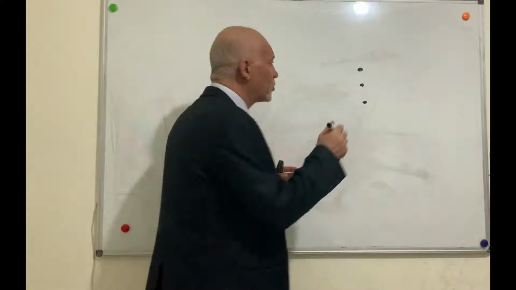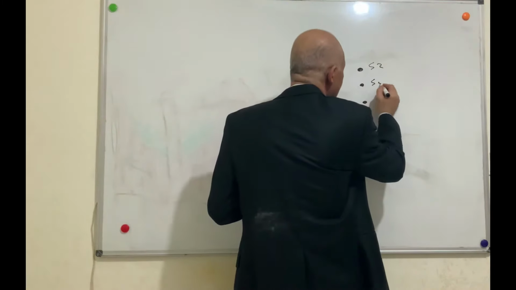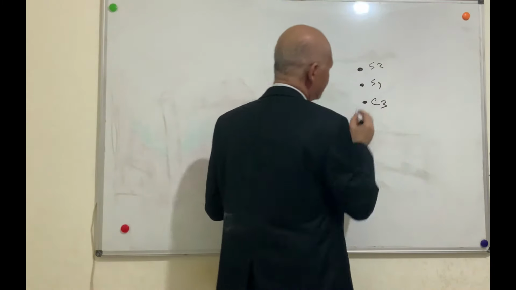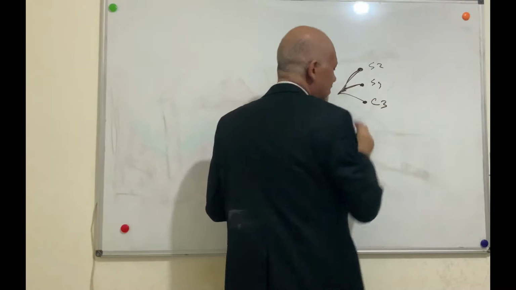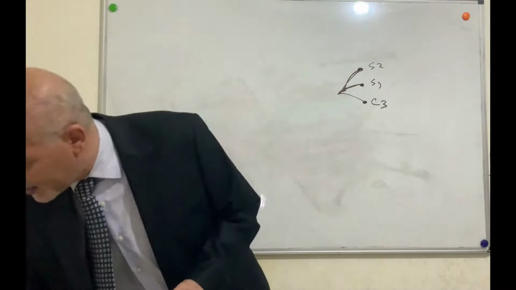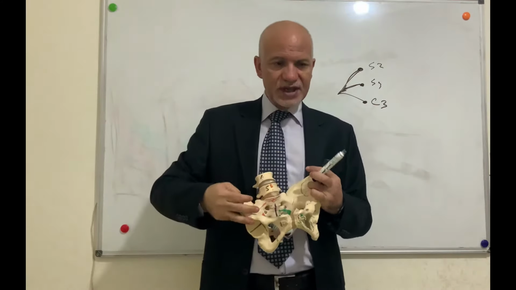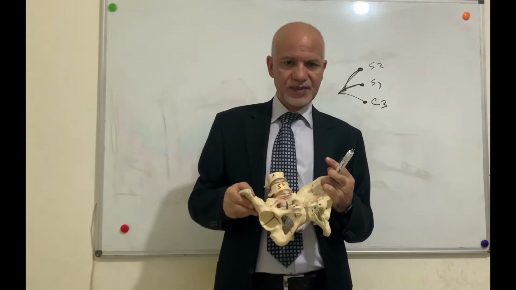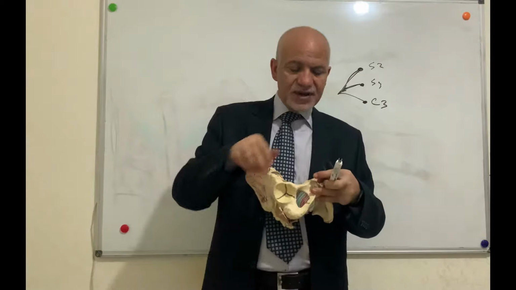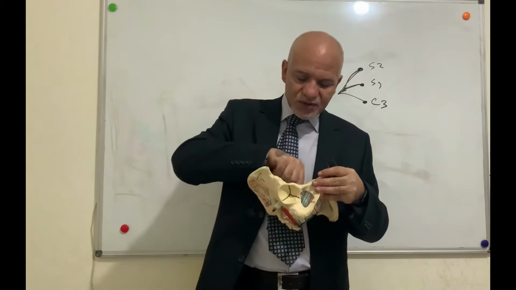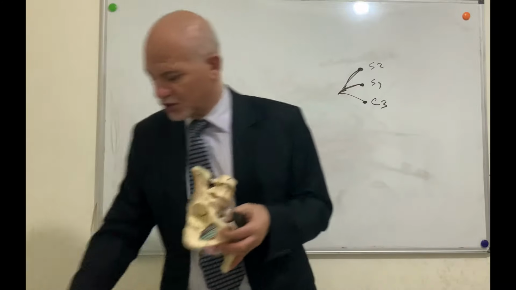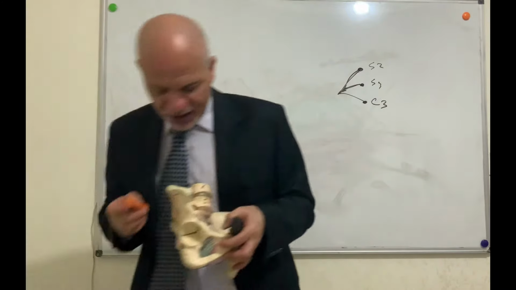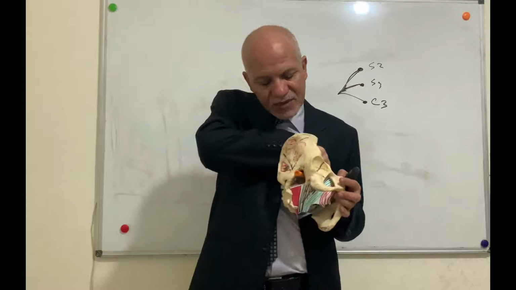The origin is from S2, S3 and S4 in the pelvis as the sacral plexus. Then the nerve comes out from this space, which is the greater sciatic notch.